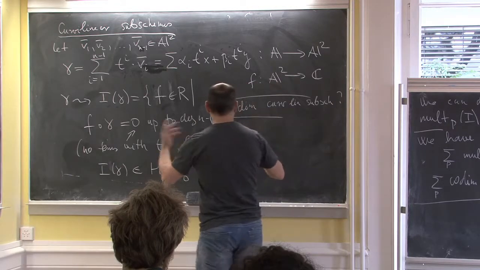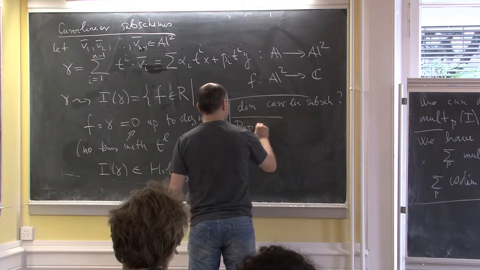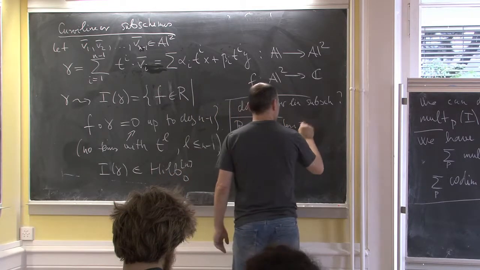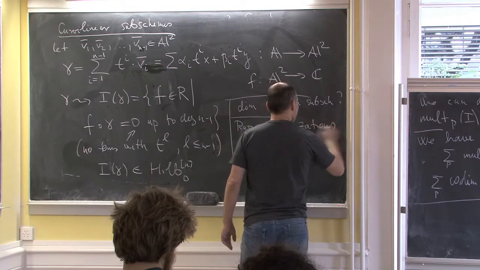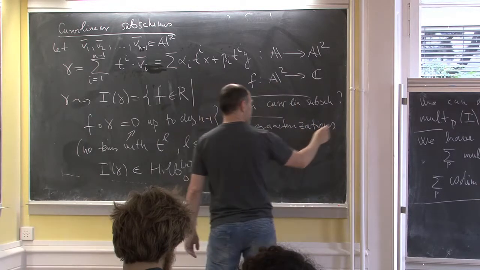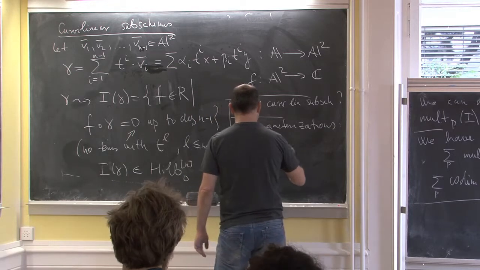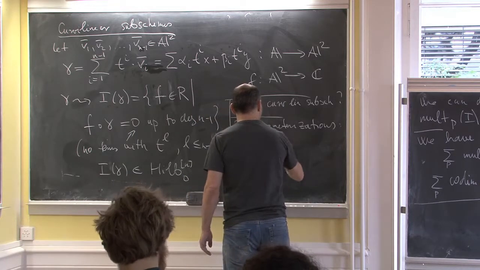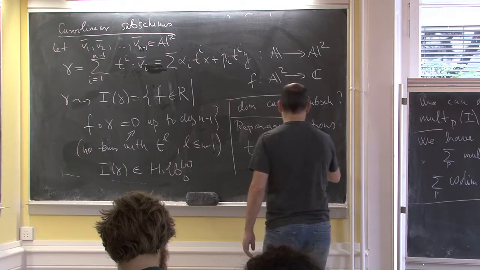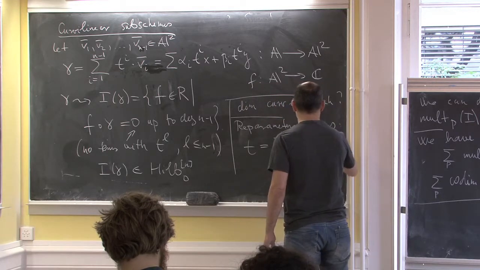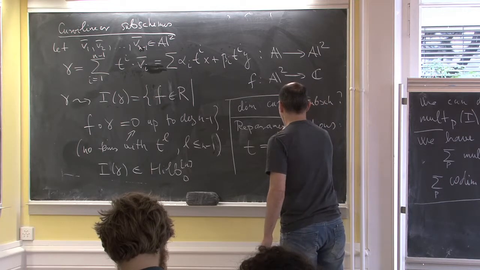Suppose that you do the reparametrizations. The reparametrization is the following. Suppose you have t equal to the sum of omega I, where these are just numbers now, times s to the I, where I goes from 1 to n minus 1.